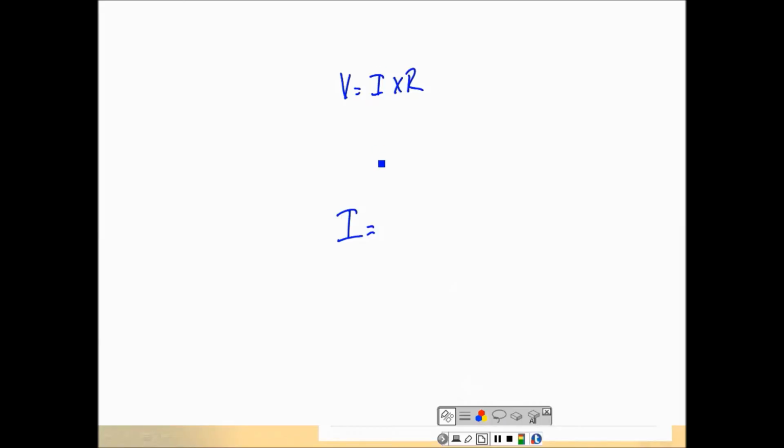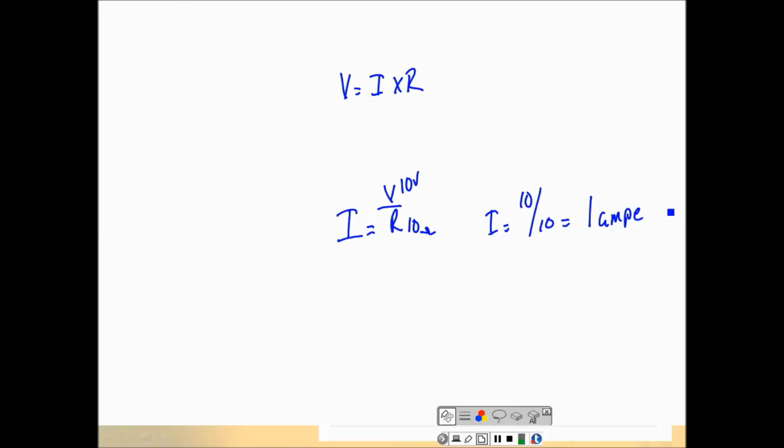So I is equal to V over R. Let's say I have 10 ohms and I have 10 volts. Then I is equal to 10 divided by 10, and that's going to equal 1 amp.